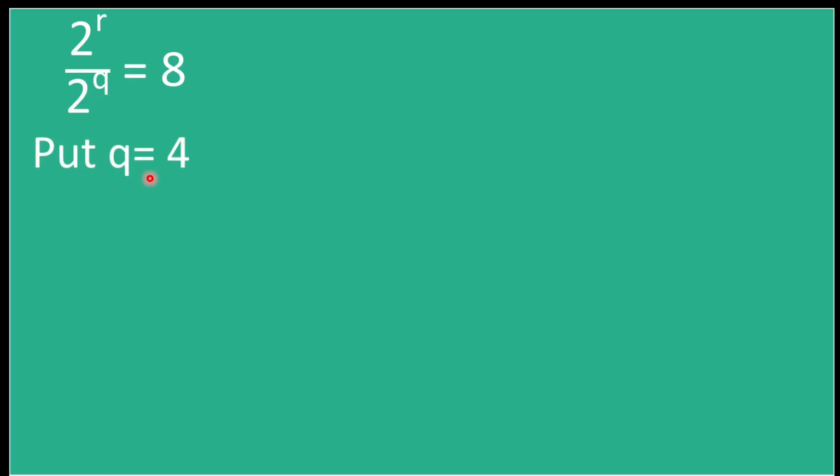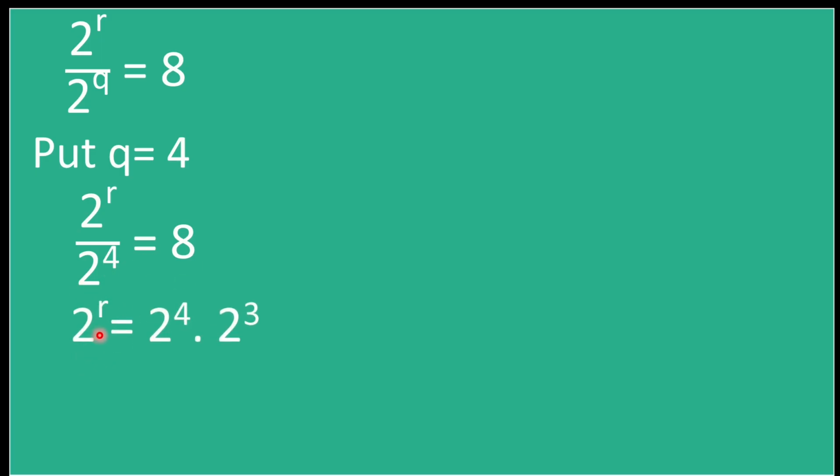When we put q = 4 over here, this equation will become 2^r/2^4 = 8, and then we will multiply this 2^4 with this 8. So our equation will become 2^r = 2^4 into 8, and we can split this 8 as 2^3, because 2^3 is equal to 8.